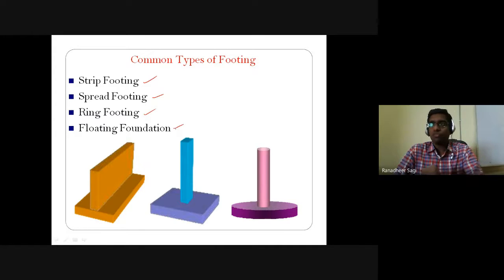Floating foundation. Floating foundation means, in the process of construction of your shallow foundation, the soil which we excavate, I repeat, the soil which we excavate, releases an amount of pressure at the bottom of that pit.